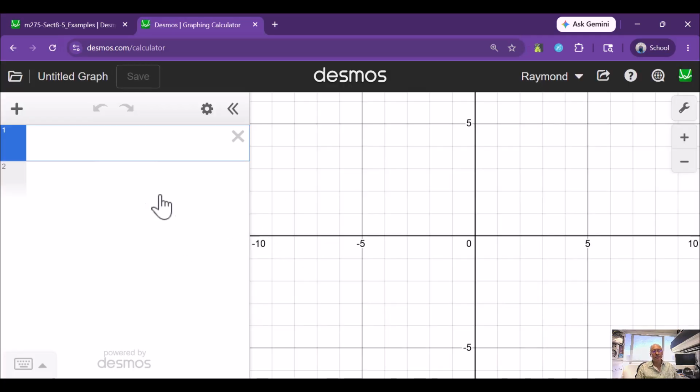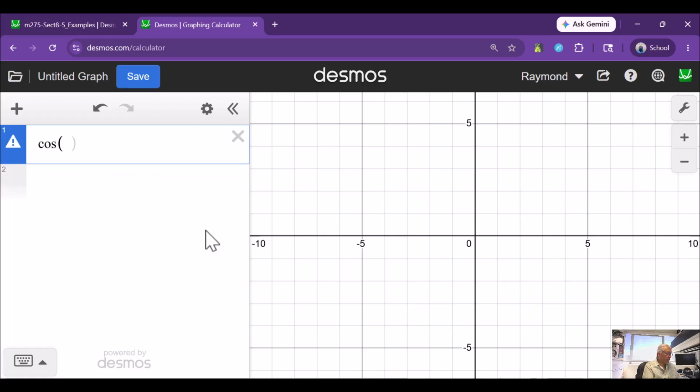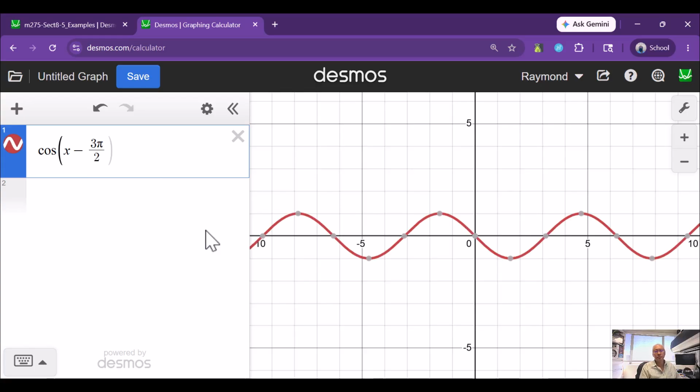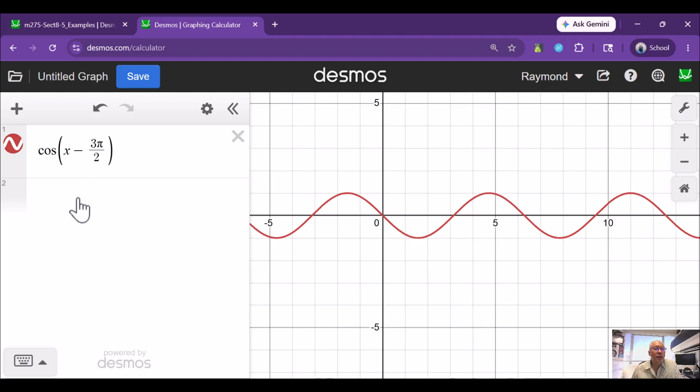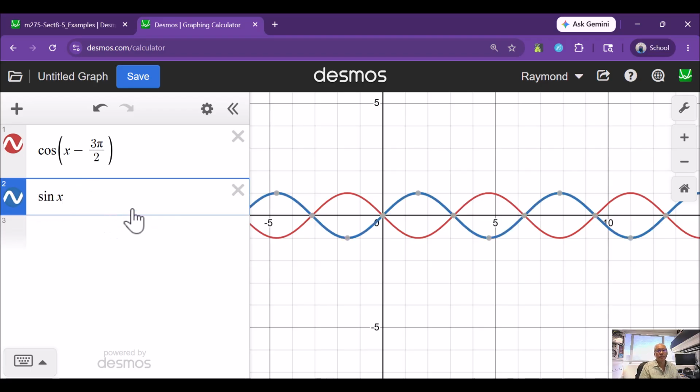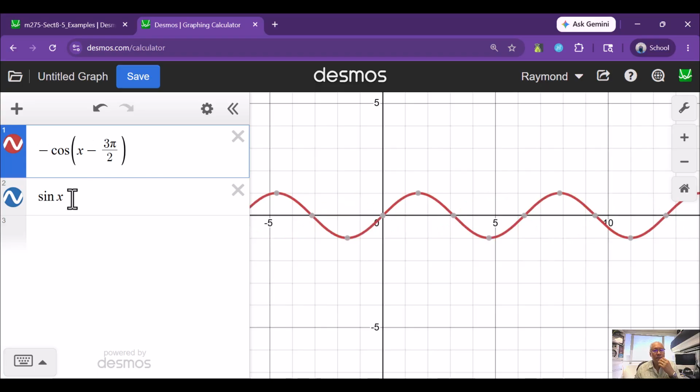And let's graph cosine of x minus 3 pi over 2. And I'm looking at this and saying, hey, this looks awfully close to the sine function, except it's negative. So maybe if I throw a negative in front of this, it looks exactly the same as a sine function.